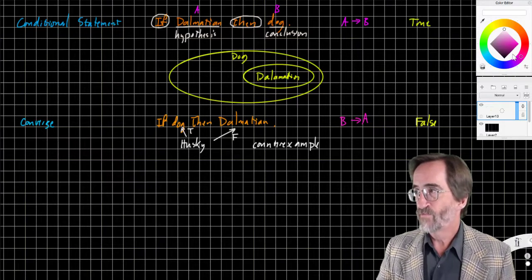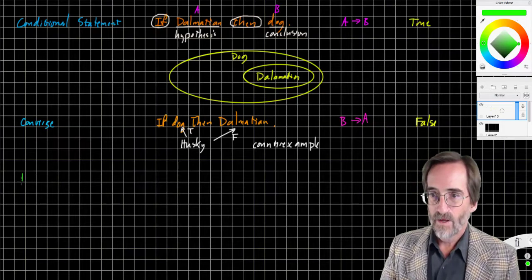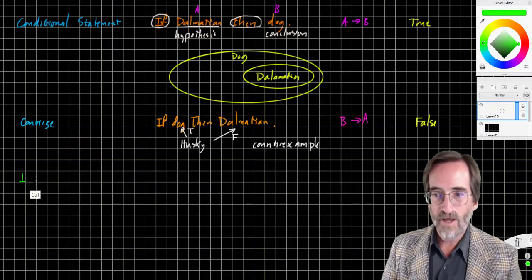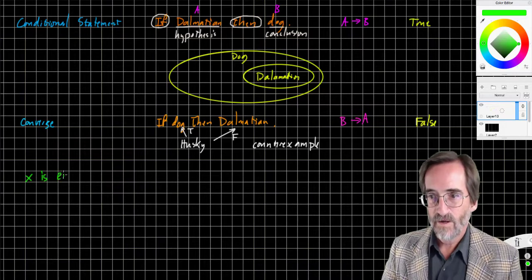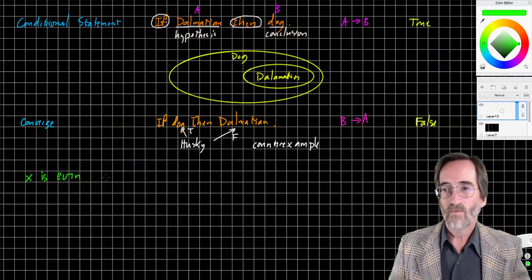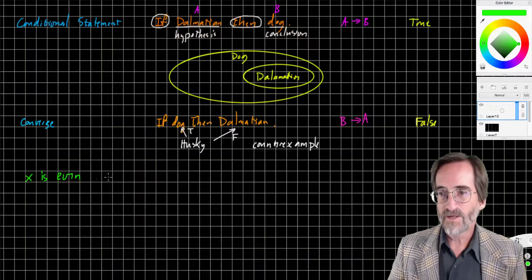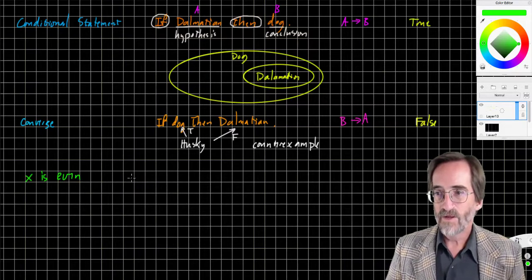For example, if x is even, let's take this, x is even. Okay, if x is even, I'm going to take that as my hypothesis. If x is even, then x divides by 2 evenly.